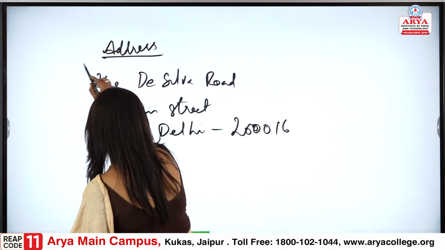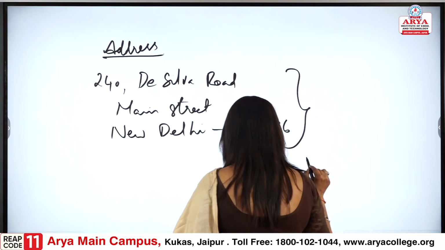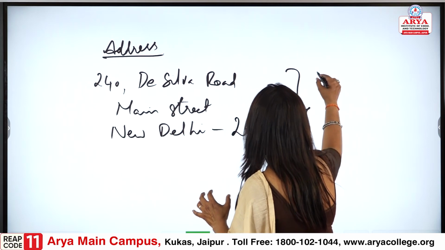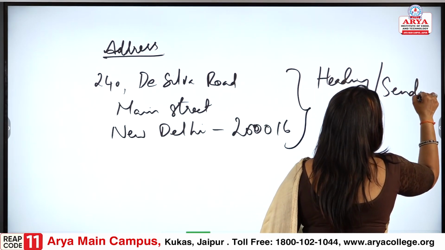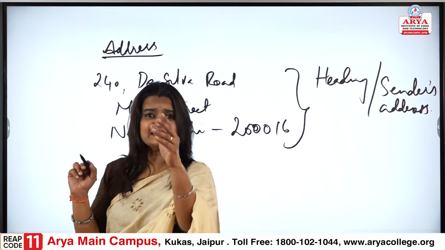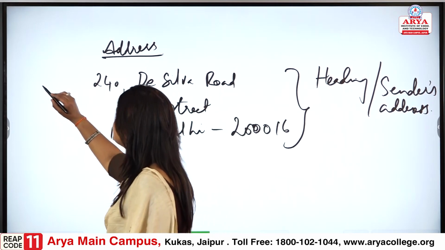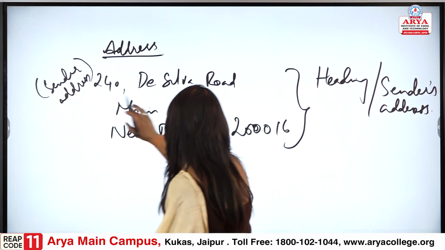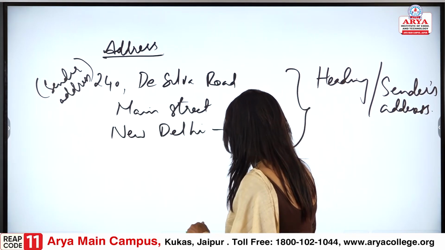So, this is all in the left part. This is the heading, or the sender's address. So, this is what we would write first in the official letter. This is the sender's address that we are giving first. Fine, again that is in the left part.